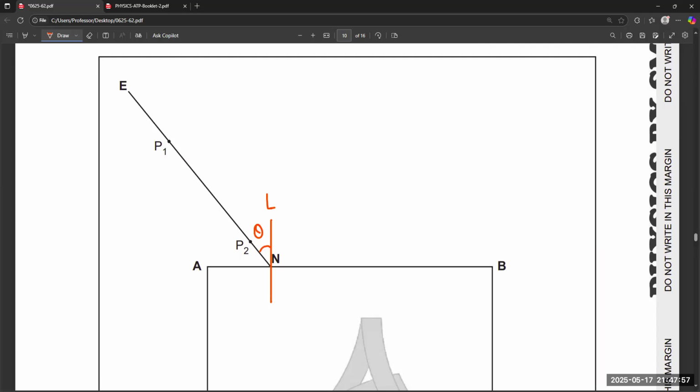For example, if we use a protractor, you can place the protractor on a screen also to measure the angle accurately.